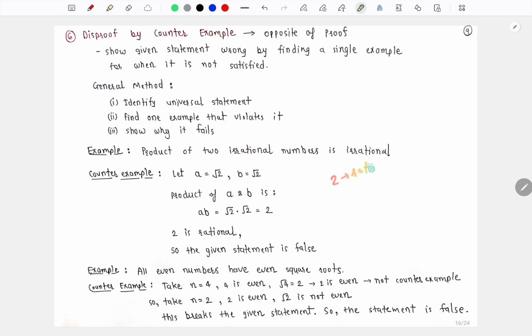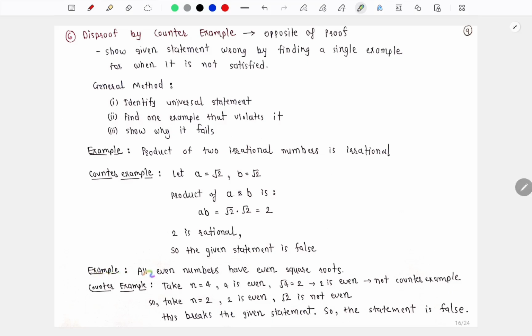It is rational because we can write it in the form of p by q, 2 by 1. Right? So the given statement is false. Here what we had said in the example, product of two irrational numbers is irrational. But what we get? 2 is rational. So the given statement is false. So this is what we need to prove.